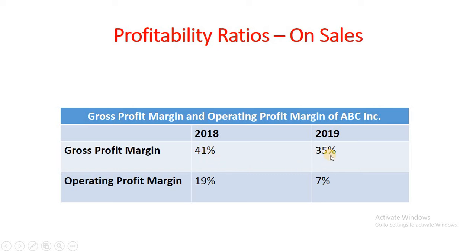It also indicates that the firm's cost of goods sold has increased relative to its sales from 2018 to 2019. However, to find out the reasons behind this result, financial analysts or managers need to discuss with operating managers, line managers, or the owners to identify all the reasons behind these results.